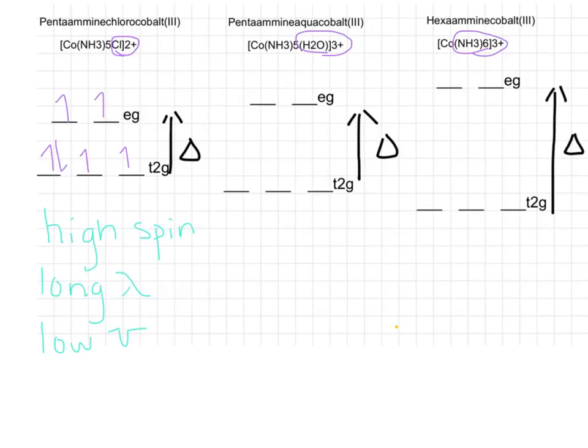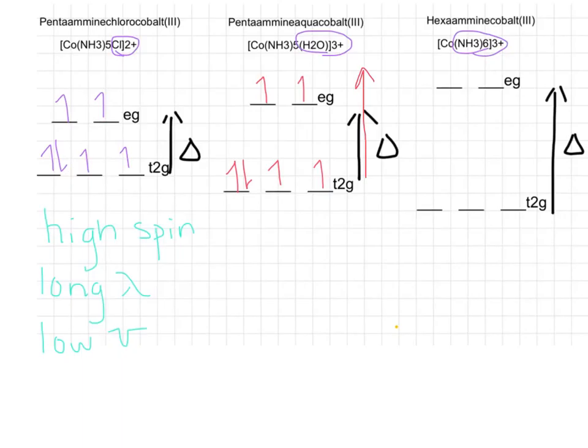Pentaamine aqua cobalt 3 also has 6 electrons in its d orbital, but this compound has a slightly higher crystal field split.